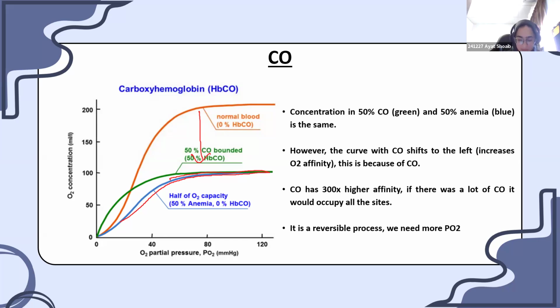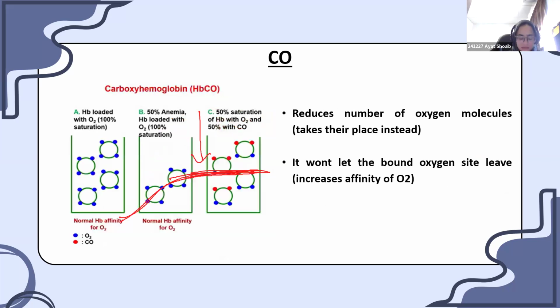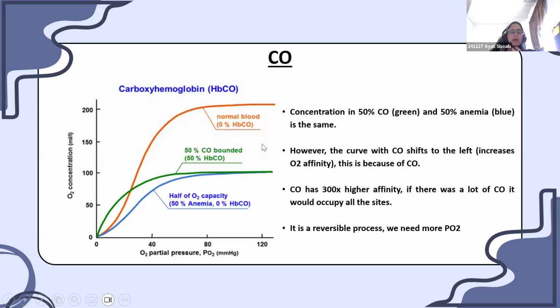Okay, in carbon monoxide, what happens is you have 50% saturation, 50% with O2 and 50% with CO, carbon monoxide, okay? And this is the curve.